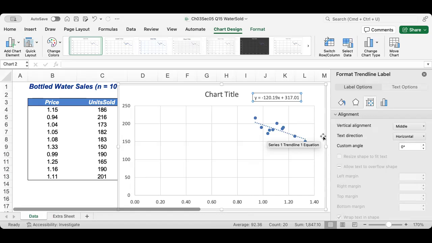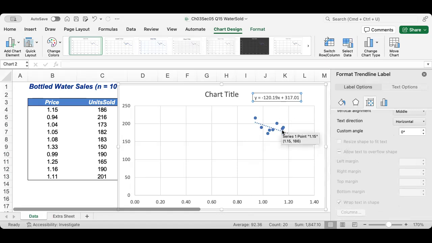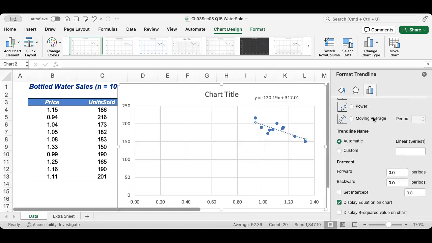I can even ask how strong is this relationship, and one of the things we have in our trend line, highlight the trend line again, way down here at the bottom, I have display R squared value. Now, R was the result of something called the Pearson correlation coefficient. A measure of correlation.